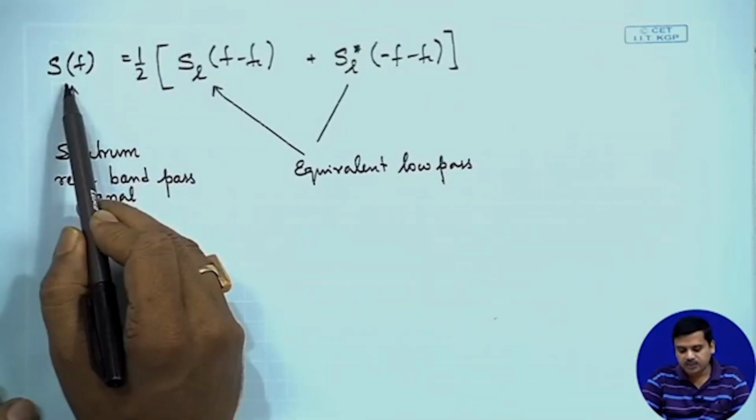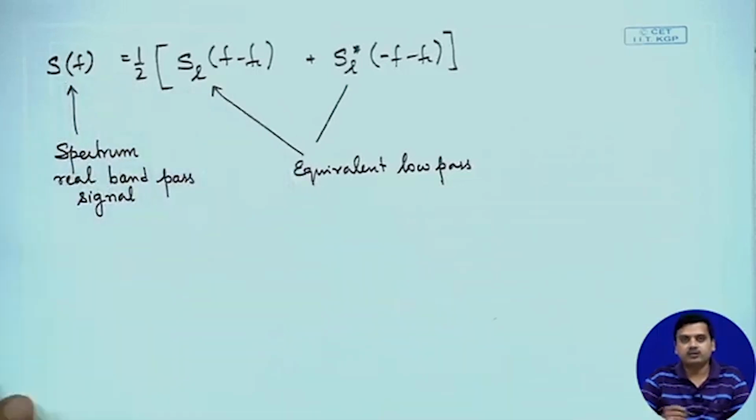So, we can get the pass band from the low pass equivalent. This is what we set off our discussion with initially, that we do not need the carrier representation, we can do with the equivalent low pass, and we have seen a second step whereby we could connect the pass band spectrum as well to the low pass spectrum of that particular signal.